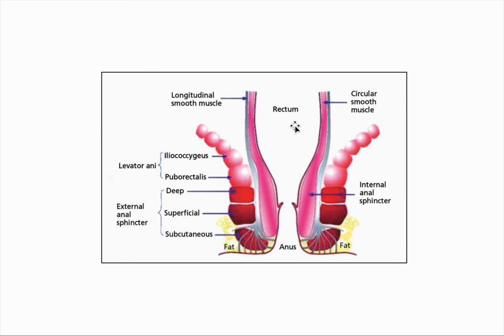And you can see that the internal anal sphincter is just a prolongation of the muscular layer of the bowel. So here it gets a little bit more thick, and here in this part, about 3-4 centimeters in depth and about 2 millimeters in thickness, we have the internal anal sphincter.